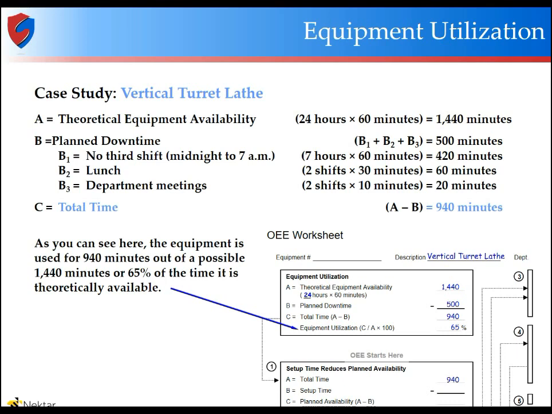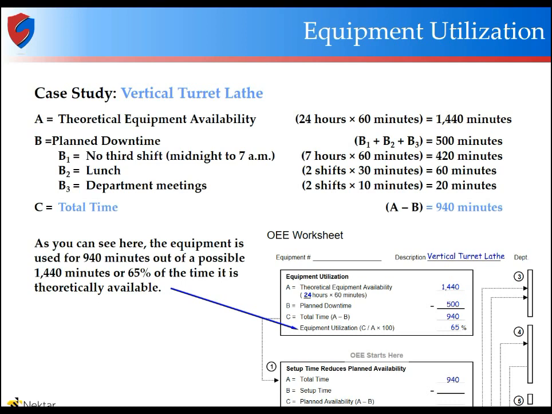We want to right size equipment for our needs. We don't want to invest a lot of money in equipment and have it sitting aside dormant, deteriorating, depreciating. So again, to an accountant or someone that's looking at equipment utilization, it's important to know. So for that vertical turret lathe, its equipment utilization was 65%.